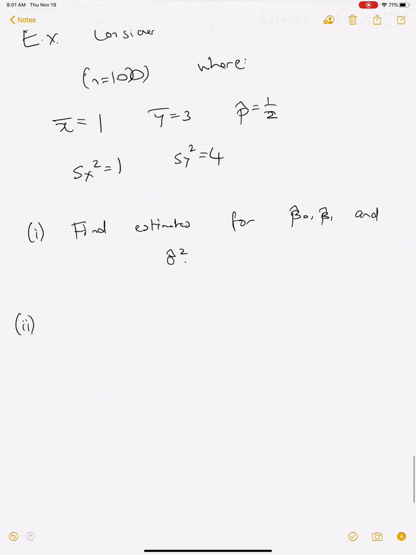Part 2, we want to find 95% confidence intervals for beta hat 0 and beta hat 1.